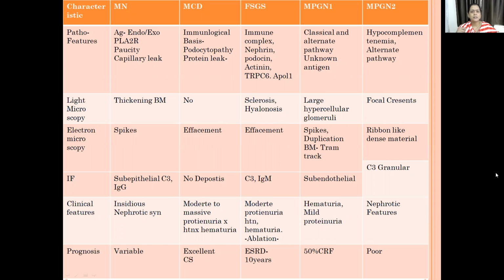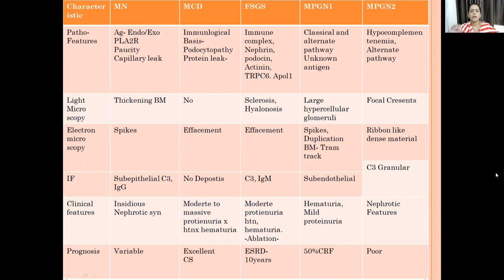So what happens because of that? There is podocytopathy, or the visceral epithelial cells will get effaced, and then there is protein leak because of the damage to the visceral epithelium. That is the pathogenesis which is leading to minimal change disease. By definition, in minimal change disease there are no deposits formed, no immune complexes, but there is just a minimal change regarding the visceral epithelium.